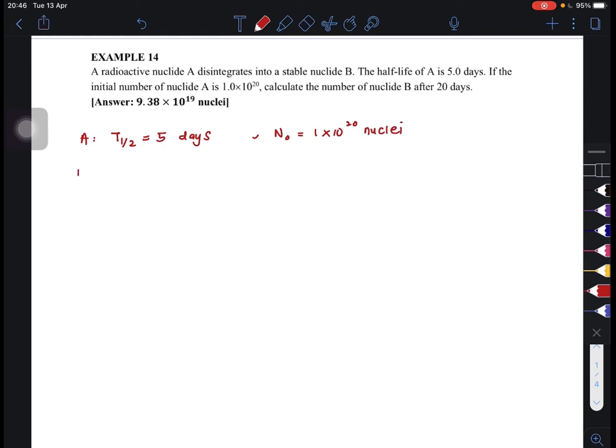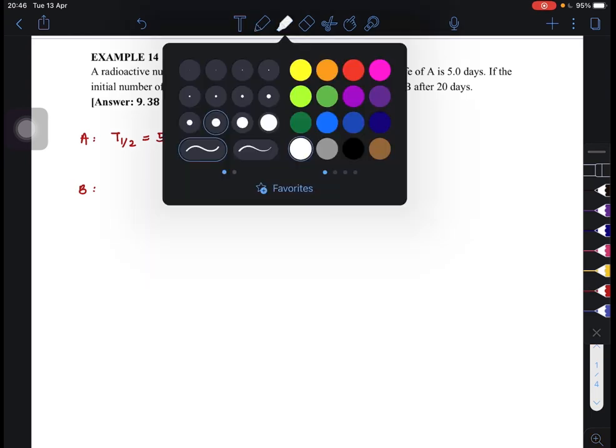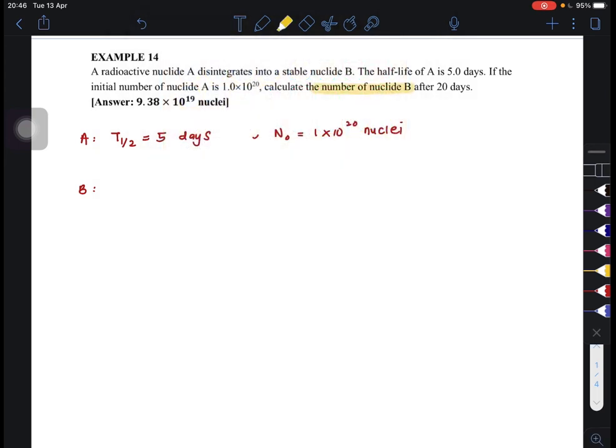And then we have nuclide B, di mana what we want is the number of nuclide B after 20 days. So we want to find N untuk B, di mana the value of T is 20 days.